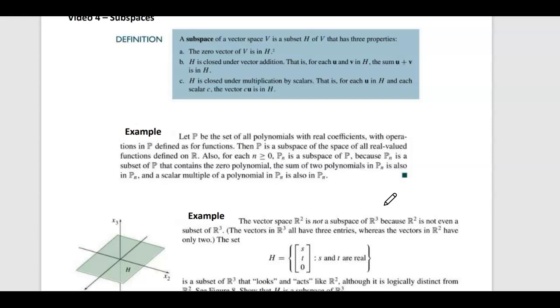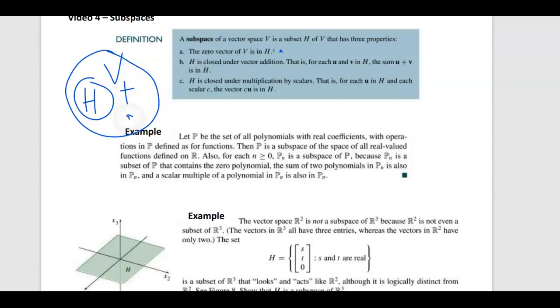Then a subspace is defined within that vector space if the zero vector is in H, and H is inside of V. So we'll just draw here's your vector space, and then H is like a subset of it. You have your addition and multiplication definition set, and then we want to look at just a subset of that vector space.